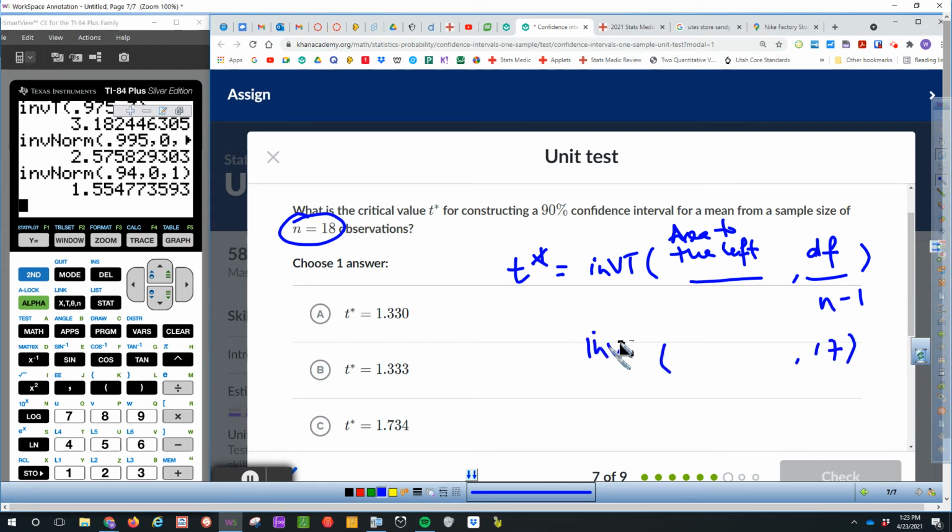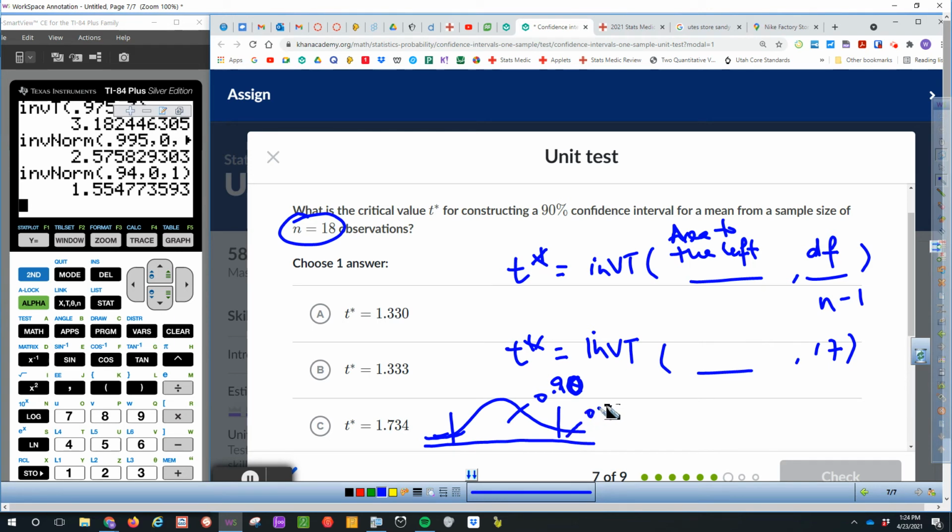Now, but what is the area to the left? So let me draw out the normal curve. And 90%, which is, say, here. So 0.95. Sorry, 0.90. Which means this area and this area, they're both symmetrical, and they both should add up to 10% or 0.1.